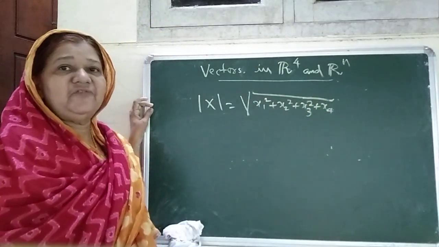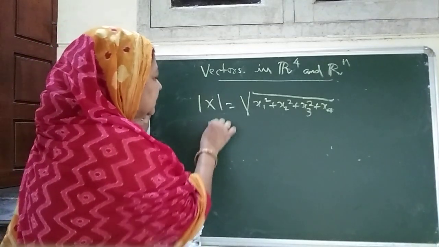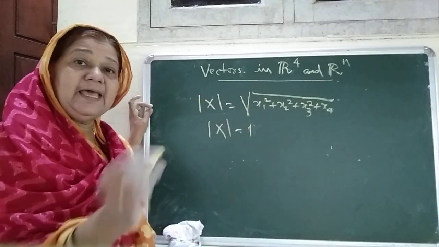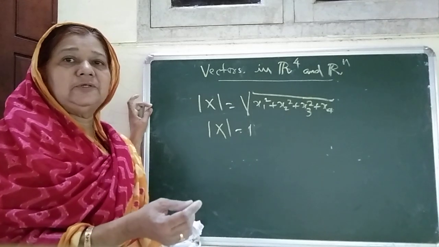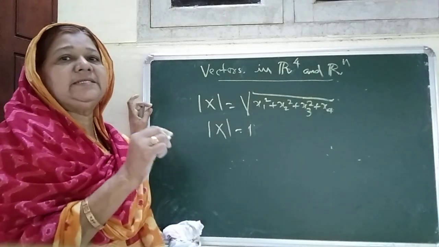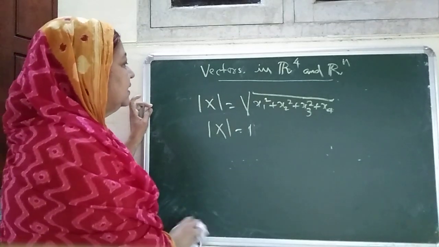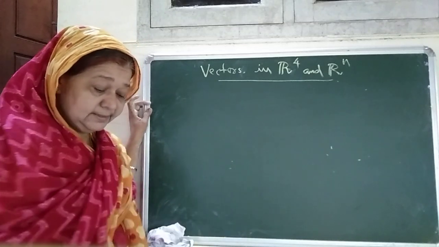Therefore, a set of vectors are said to be orthonormal if their modulus is unity and they are pairwise orthogonal. That means the angle between these two is 90 degrees, that is, dot product equal to 0. So we can discuss what are the orthonormal sets.